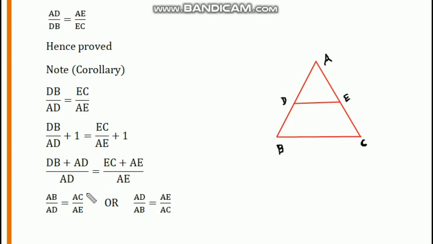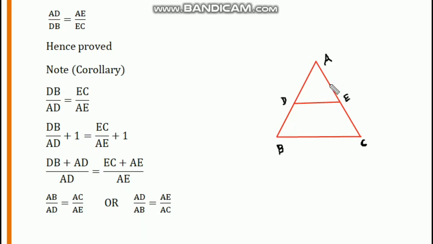So these two conditions, this corollary, are also possible. If a line is drawn parallel to one side of a triangle, then the line divides the remaining two sides in the same ratio. Okay, so at that time these two conditions are also possible. So AB by AD equals AC by AE.